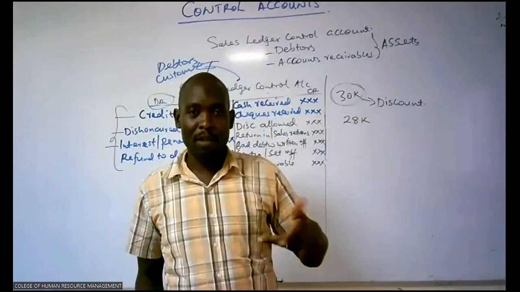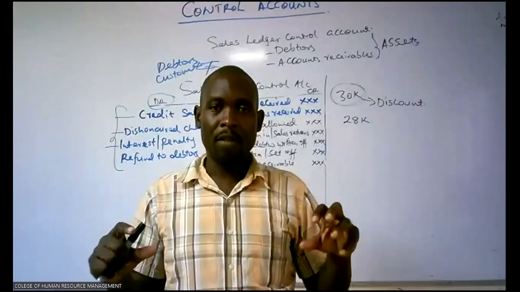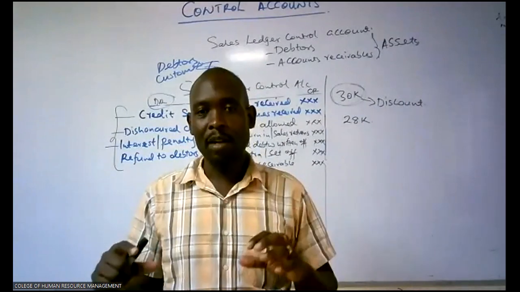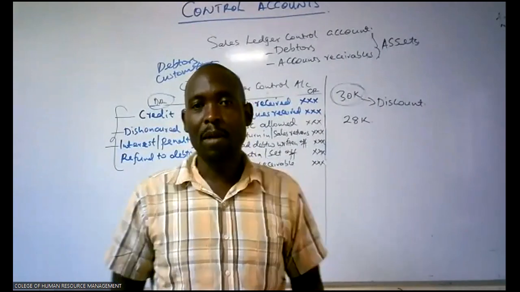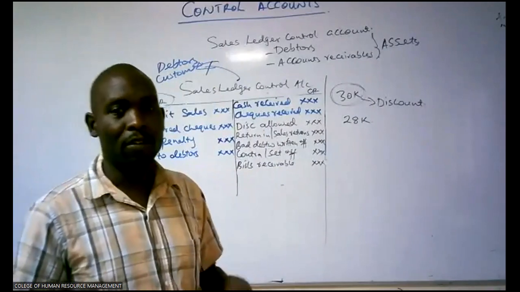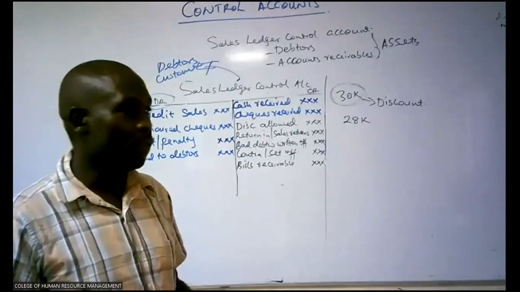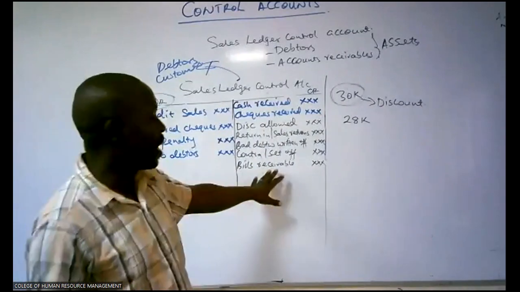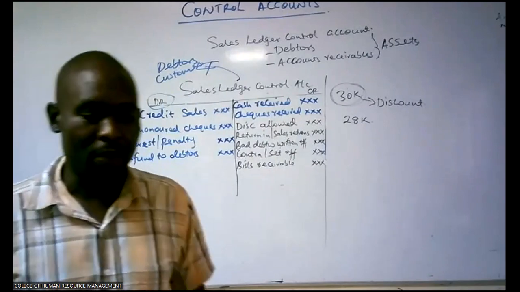So it is a mode of payment whereby the buyer commits himself through the bill of exchange, and then upon that particular date written on the bill of exchange, the buyer must honor that promise by paying. So it is a payment, so it reduces what you are to receive from the debtors. Okay?